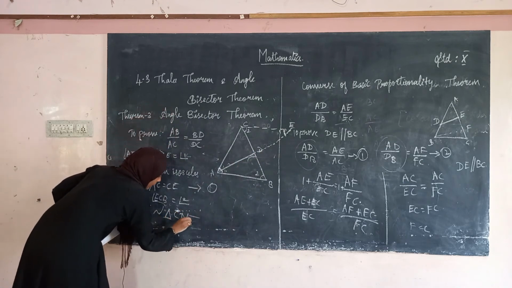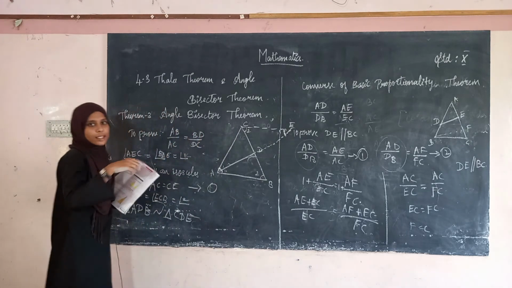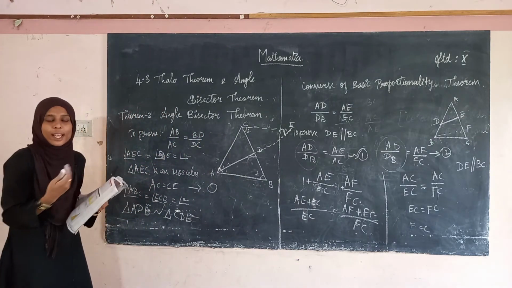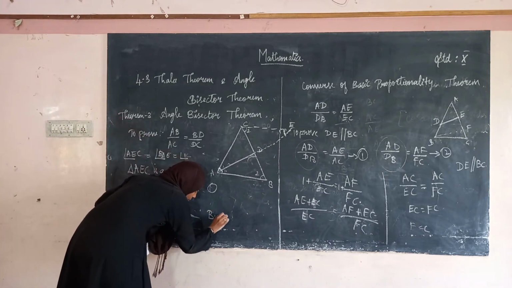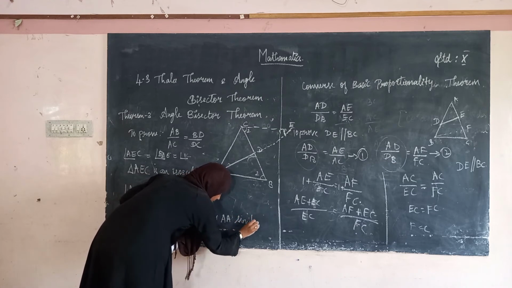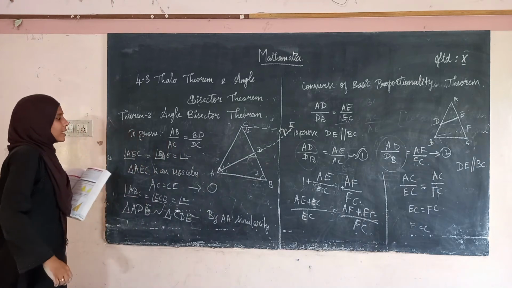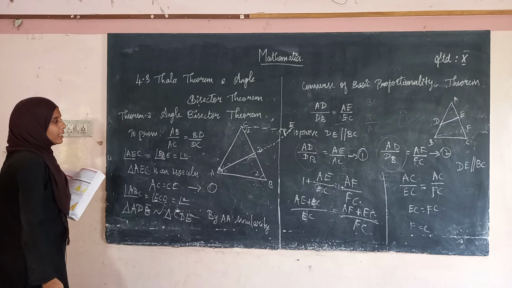Why is it similar? Because 1 and 2 are the same angles in these two triangles. Two angles being the same, we can say that these two triangles are similar by AA similarity criterion. By AA similarity criterion, triangle ADB is similar to triangle CDE.